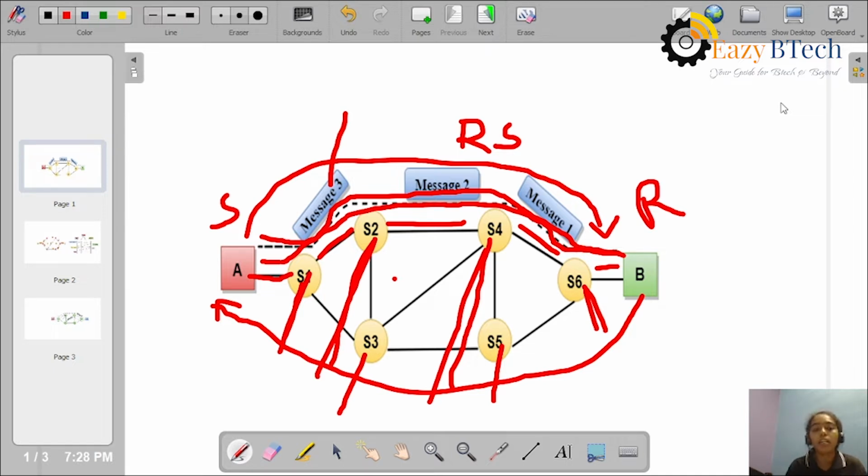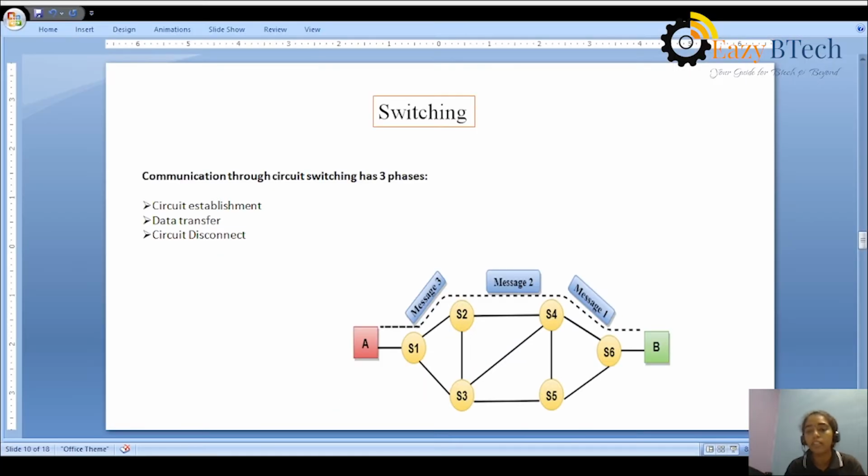Let us see the advantages and disadvantages of circuit switching. Before that, it is also used in two ways, space division and time division. Space division means, in the example of the diagram we discussed, we establish one dedicated path through the circuits and transfer the data using those circuits.